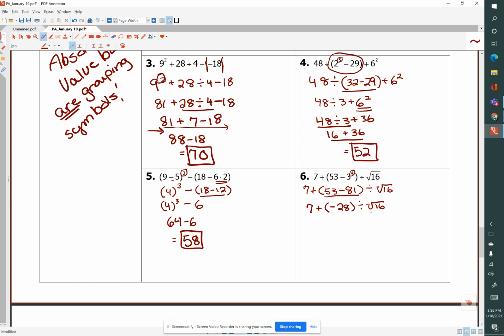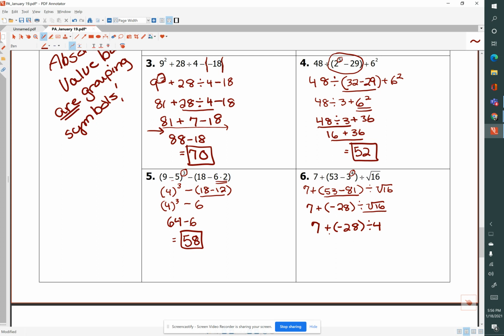Now we can work in this radical. We could also call this 7 minus 28 over 7 instead of 7 plus a negative 28, but I'll leave it the way they've written it. 7 plus a negative 28 divided by the square root of 16, which is 4, because 4 times 4 is 16.